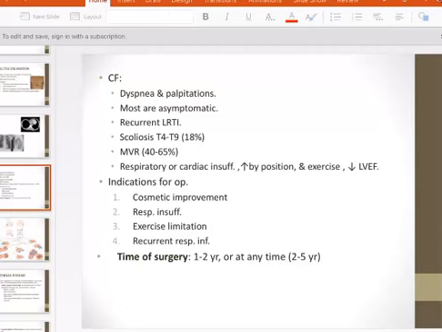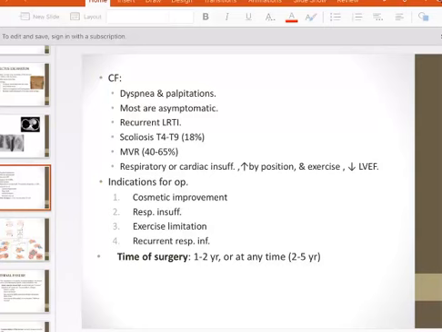It is always associated with scoliosis affecting T4 to T9 of the vertebrae. 18% of the patients have this scoliosis, and it is also associated with mitral valve prolapse. About 40 to 65% of pectus excavatum patients have mitral valve prolapse.